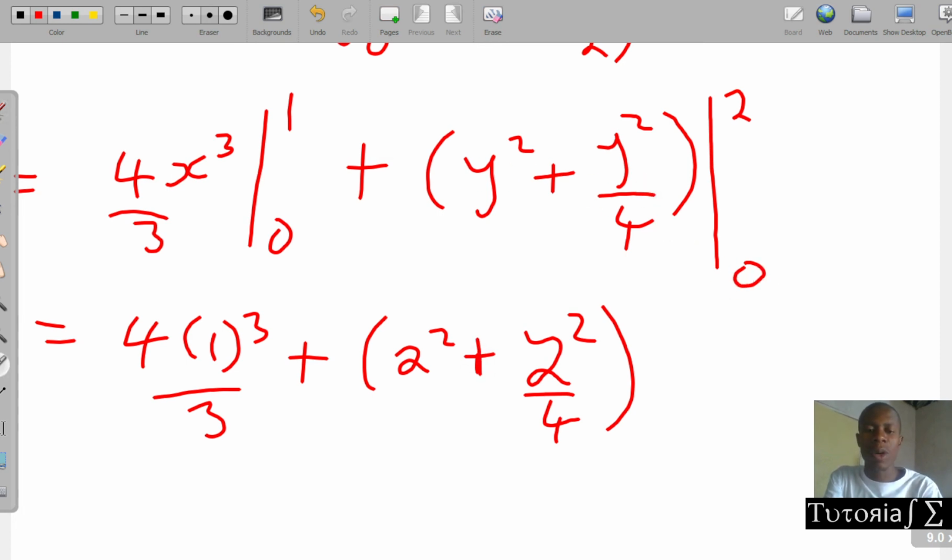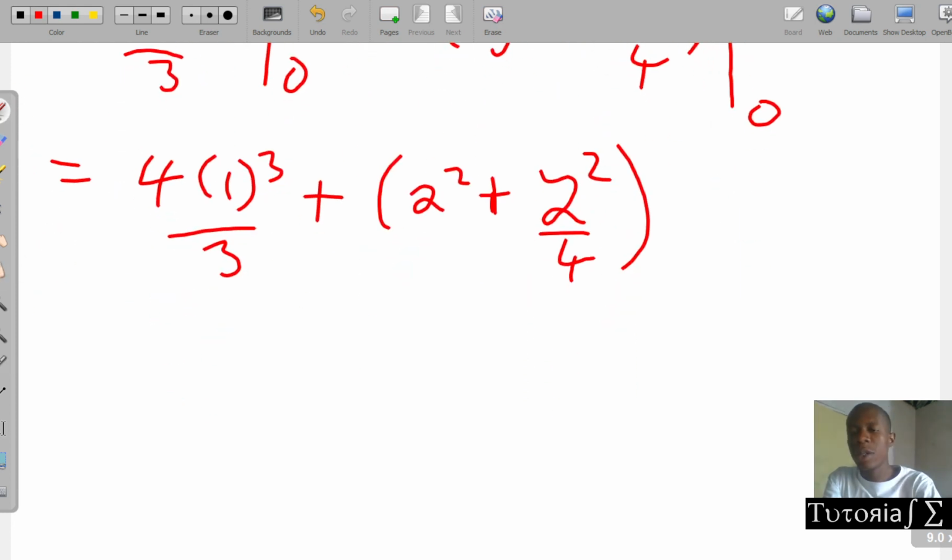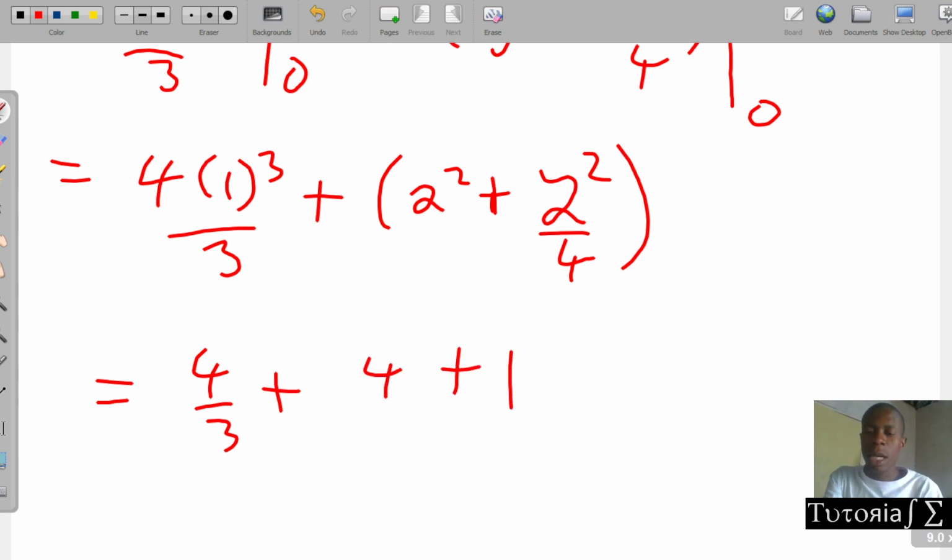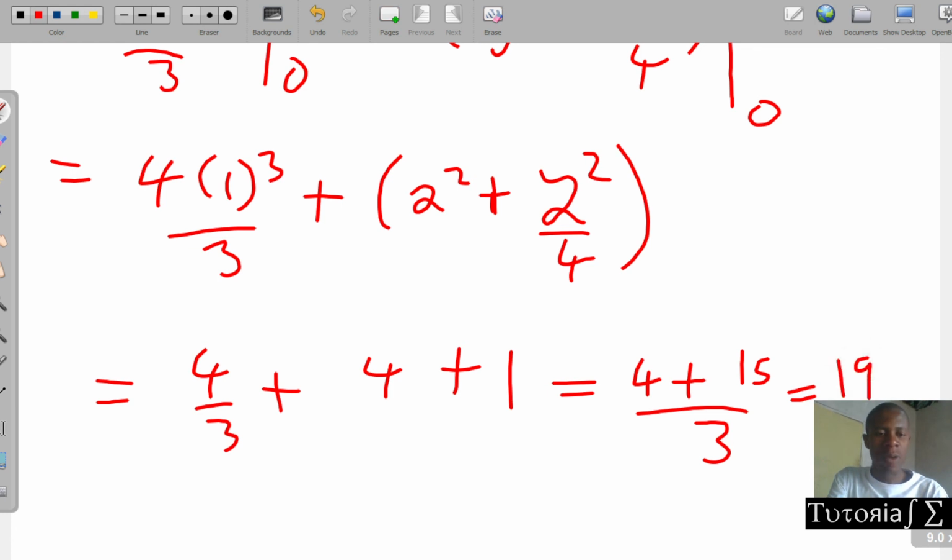Replacing the lower limits we have 0 again, so no need to show that. Now we can further simplify this as 4 over 3 plus 4 plus 1, which will be equal to 4 over 3 plus 15. Simplifying everything, it'll be 4 plus 15 over 3, which is 19 over 3 as our final answer.